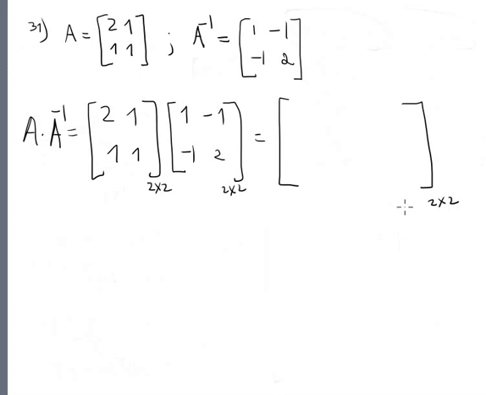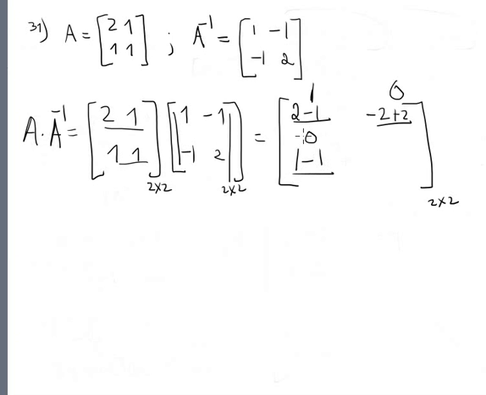2 by 2 multiplication. This times this is 2 minus 1, which is obviously 1. The second is minus 2 plus 2, which is 0. The second row is 1 and negative 1, which is 0.